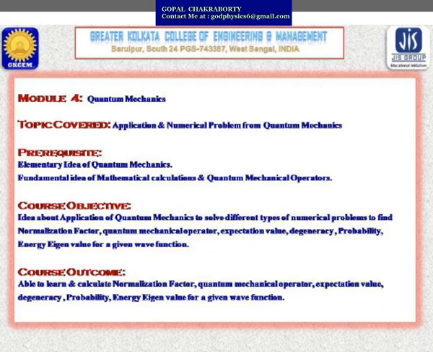After completion of this course, the students will be able to learn and calculate these. These are considered to be the possible course outcomes.